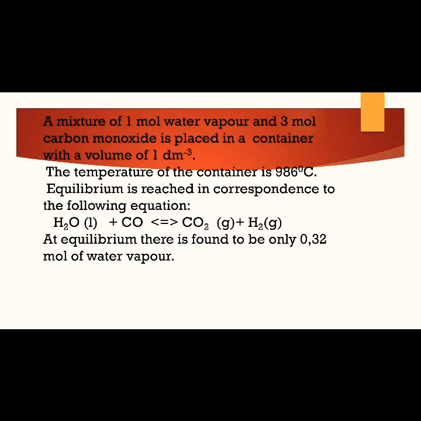Equilibrium is reached in correspondence to the following equation. 1 mole of water vapor in gaseous phase reacts with 1 mole of carbon monoxide in gaseous phase, forming the products of 1 mole carbon dioxide in gaseous form plus 1 mole hydrogen gas.